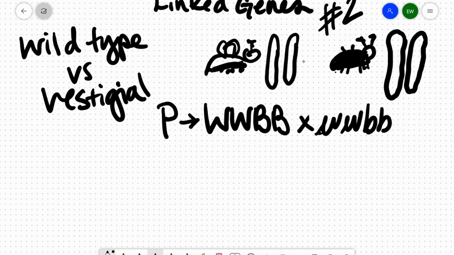On the genes here, this purple one is for body, and let's say the purple is for black body. And then the purple is also, but we'll make it bigger, for the wild type body. And then on that same chromosome is your wings.